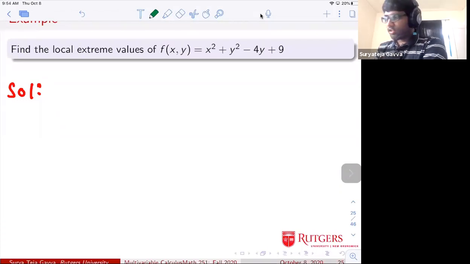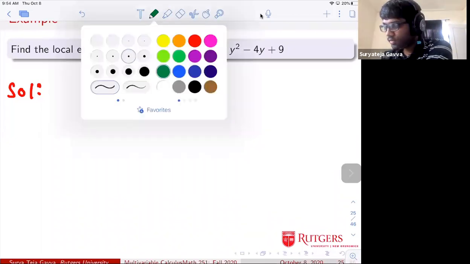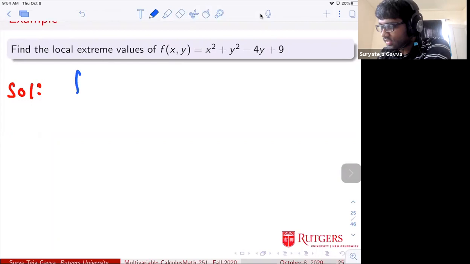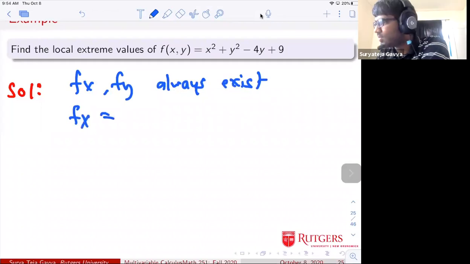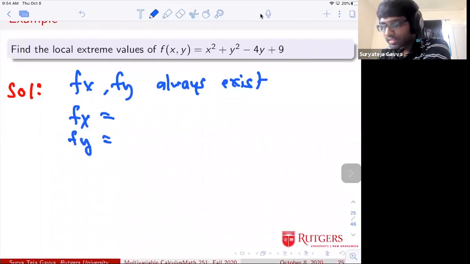So for that, first, can you tell me if the function always has derivatives? fx, fy always exist, right? It's a simple function, a polynomial. So fx and fy always exist. Can you tell me what fx is? Yes, fx is 2x and fy is 2y minus 4.